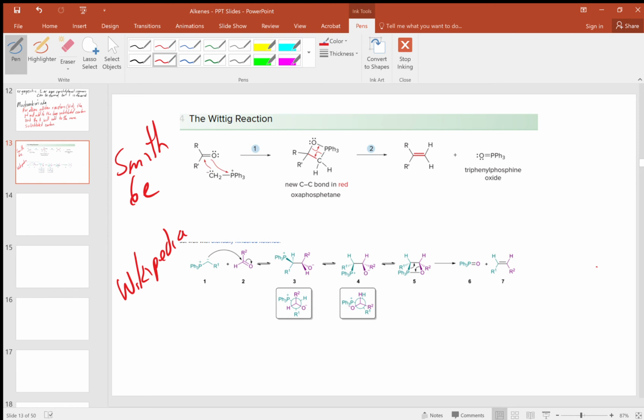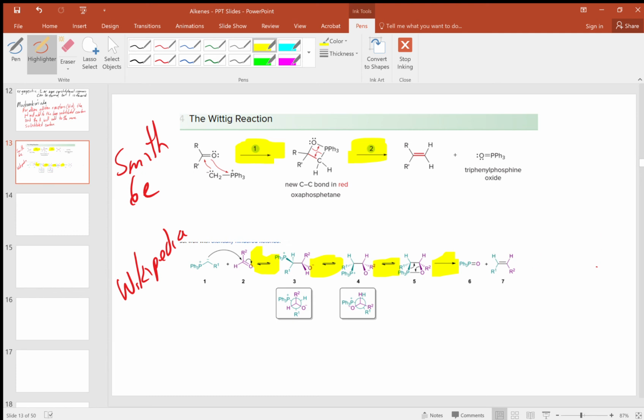And while you probably don't understand what's going on yet, the key point is, and this is the piece that's pretty easy to see, the mechanism that's in our textbook is clearly 2 steps. But this other mechanism, you can actually see is more steps. Why is that?